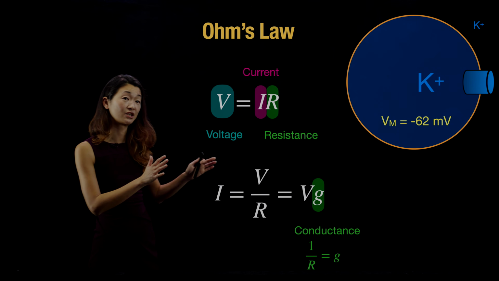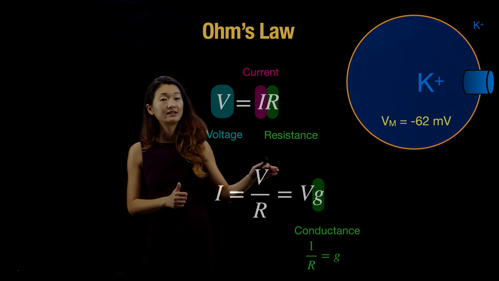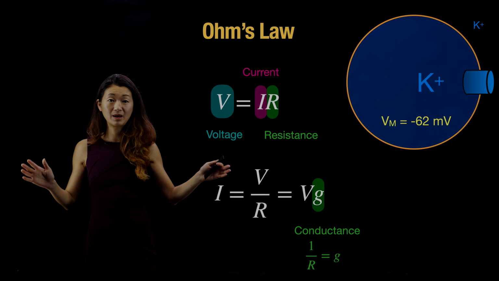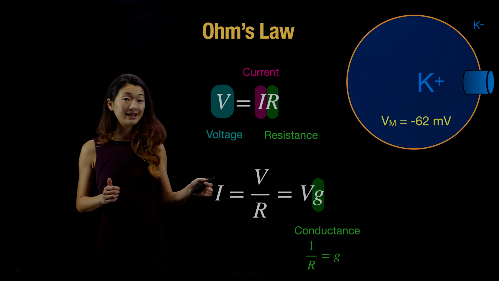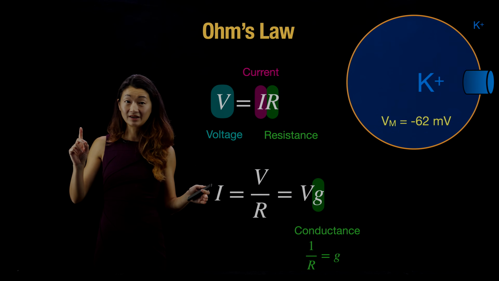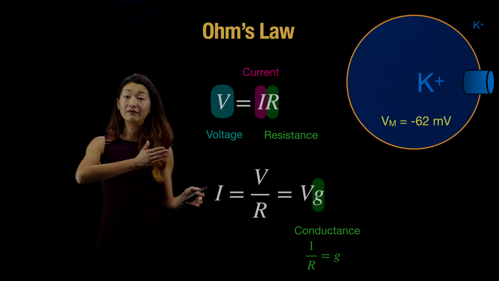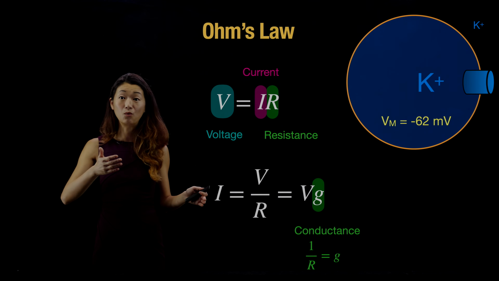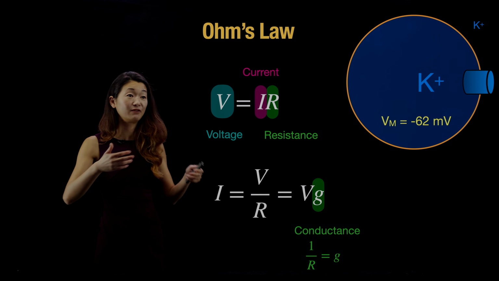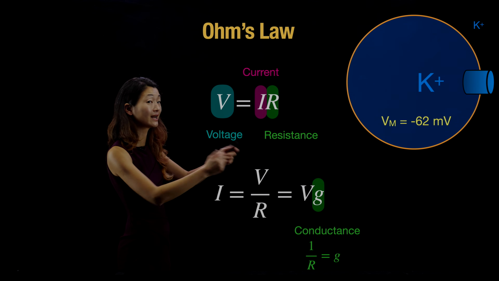So that's the interpretation of Ohm's law, where V is something proportional to the membrane voltage. I is current, and again, current here, instead of being flow of electrons in a wire or electronic device, we're talking about flow of ions in and out of the cell.